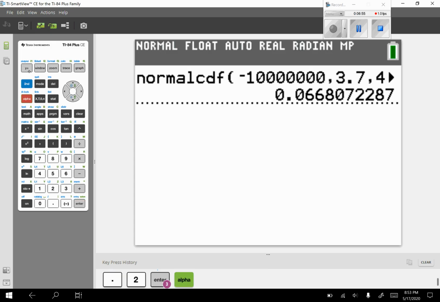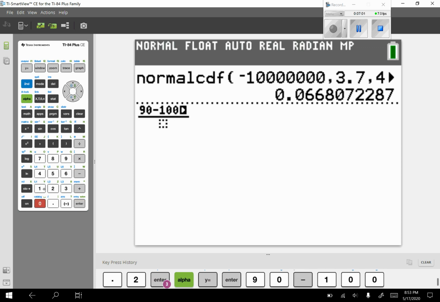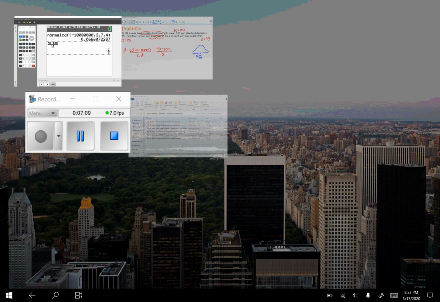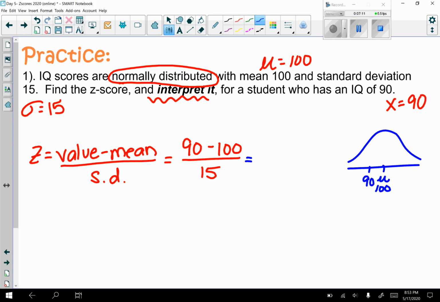So I'm going to go to my calculator. I'm going to hit alpha y equals to set up a fraction automatically. 90 minus 100 over 15. We get negative 2/3. So negative 2/3 is okay, especially because there were not rounding directions here. But when you move on to upper level maths, z-scores are always going to be measured as a decimal, and it's going to typically be two places.